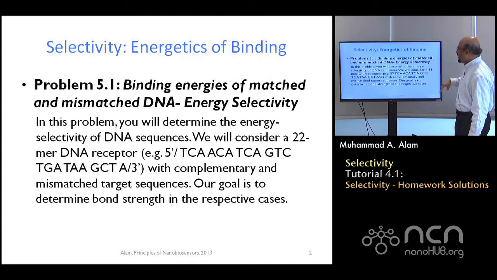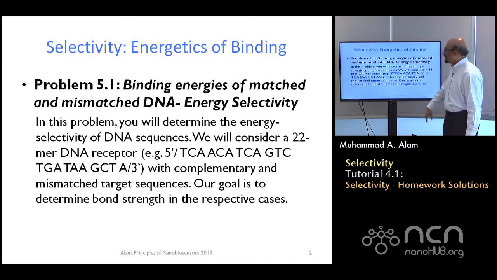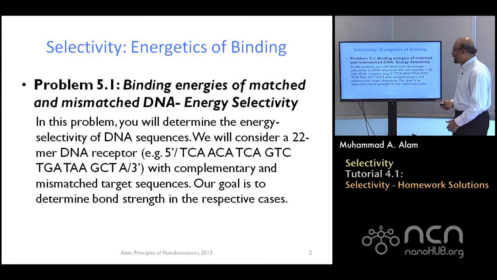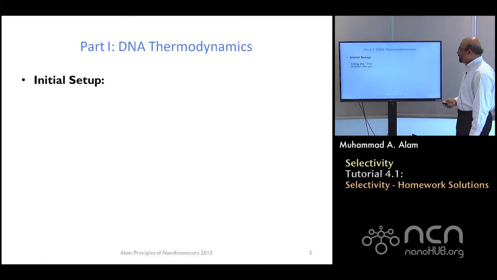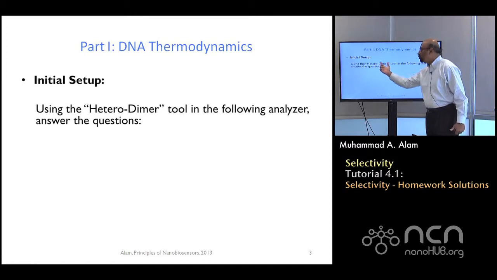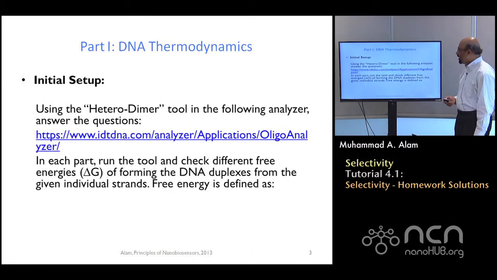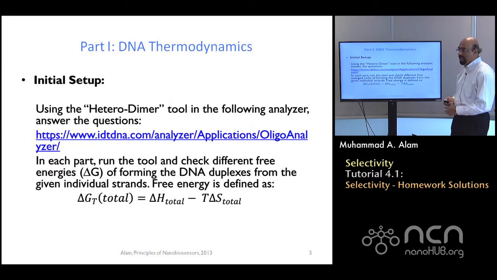So let's see the difference in binding energy between matched and mismatched DNA. We just gave a specific sequence. You're supposed to use a particular tool which calculates the corresponding binding energy. And then essentially you were asked to calculate the corresponding energy.